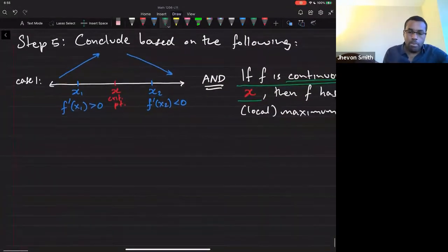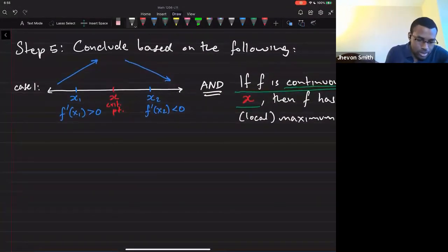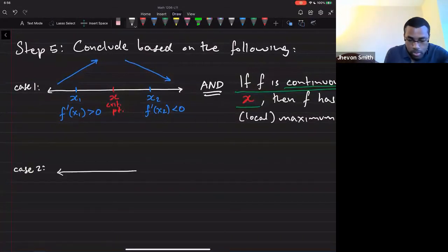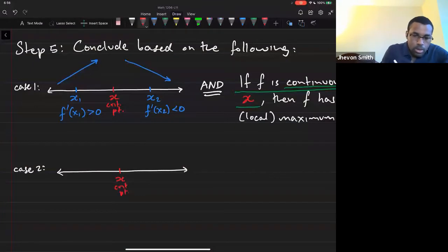Right? The other case is, as you can guess, the case where you can identify minimums. So we have our critical point right here. And over here, x1, x2, pick some random values. I'm immediately going to plug them into the first derivative.